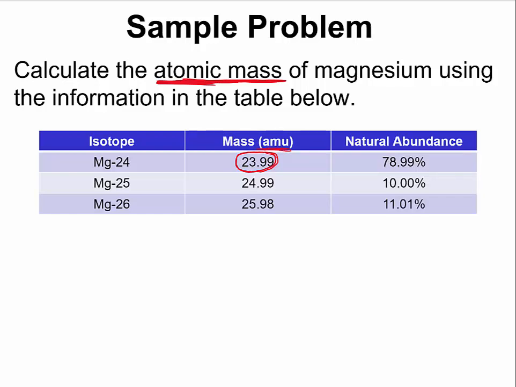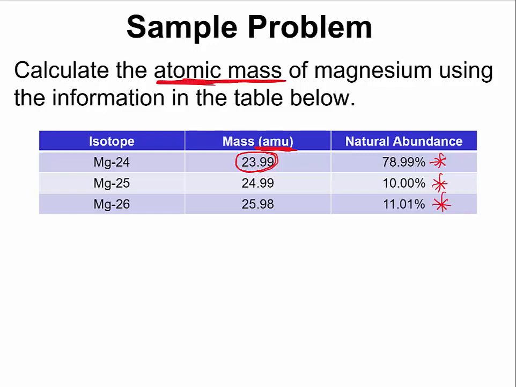This AMU means atomic mass unit. Magnesium 25, which actually has a mass number of 24.99 AMU, and magnesium 26, which actually has a mass number of 25.98 AMU. The corresponding natural abundances for each of the isotopes is also given.